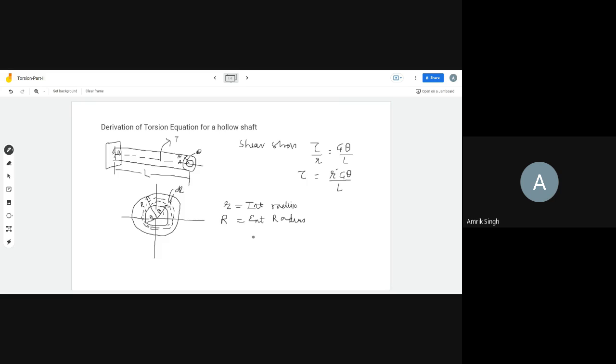The area of this elemental ring at r1 is equal to 2 pi r1 into dr.